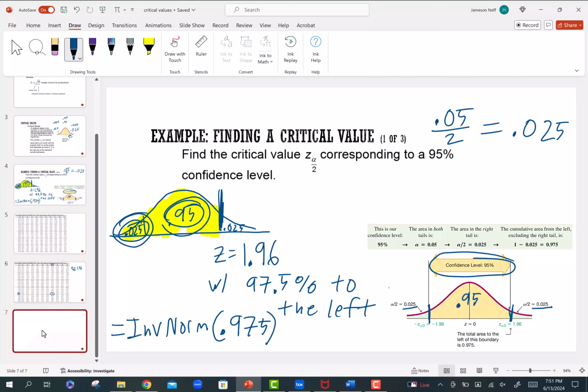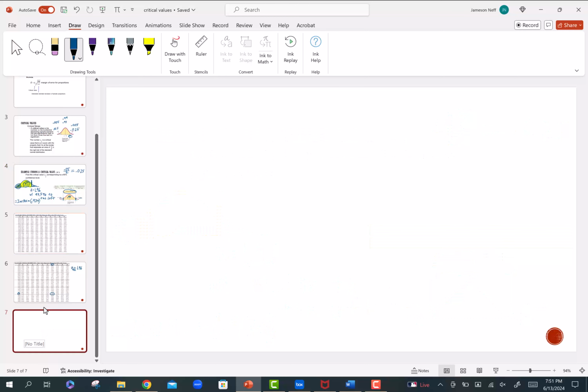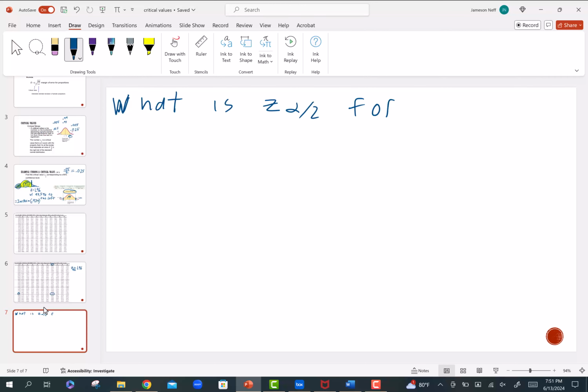So let's do our own one. Let's say, what is z alpha over 2, our critical value, for a confidence level, that's the confidence level I want, if I said confidence interval before, I meant confidence level, of 98%.